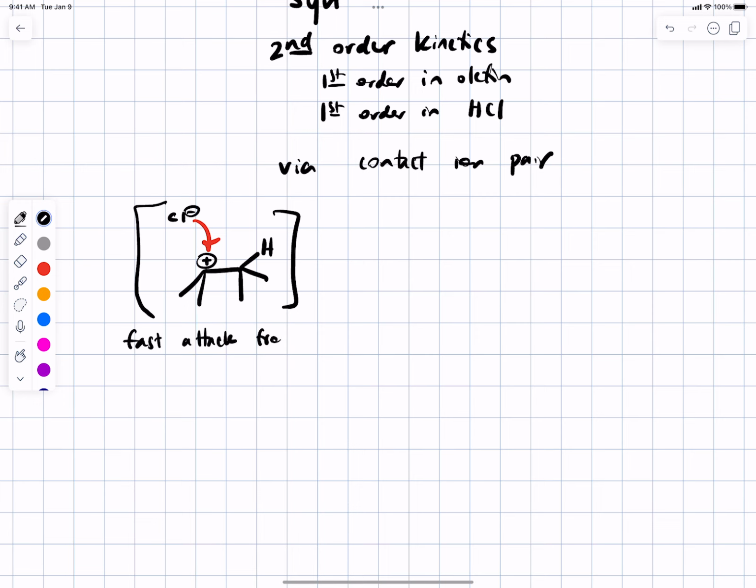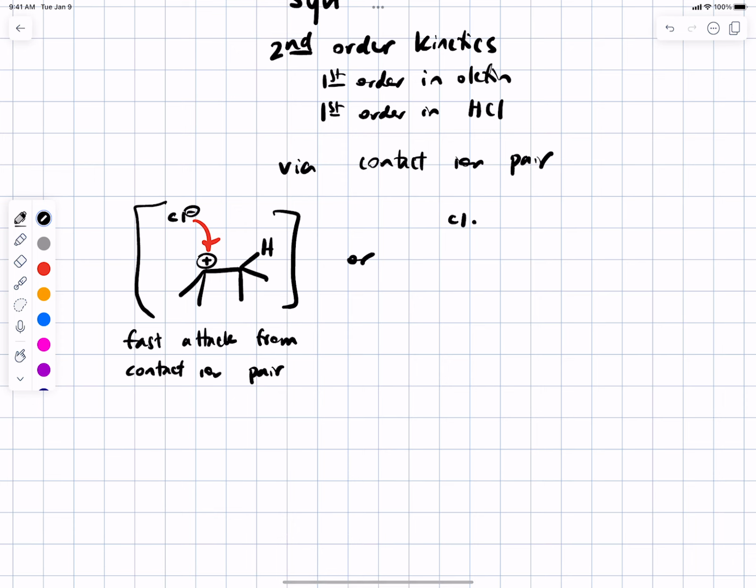So, not time for the chloro to diffuse to the other side of the molecule. So fast attack from the contact ion pair that is faster than the chloro could move to the other side of the molecule.